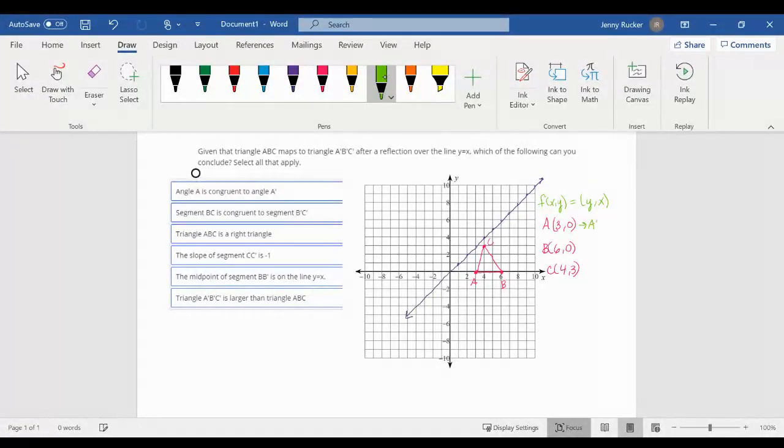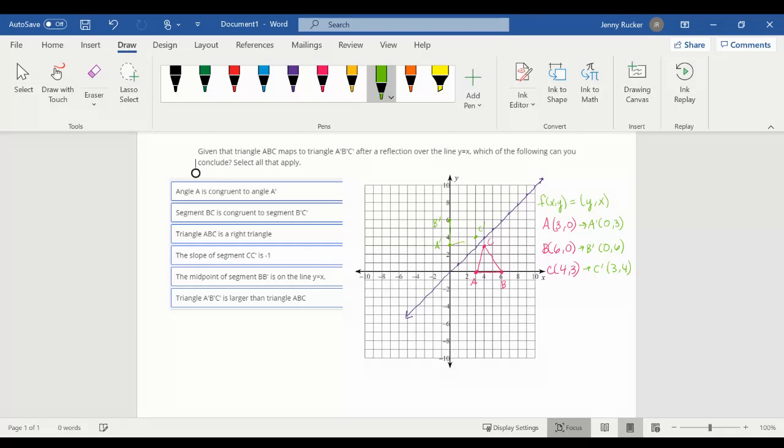So A prime will be at 0, 3, B prime at 0, 6, and C prime at 3, 4. This is just to give us a visual idea of what's happening so that we can look at these properties and know if they can be concluded.